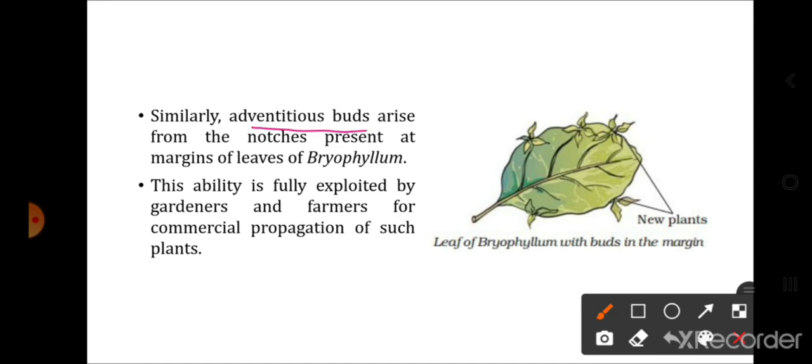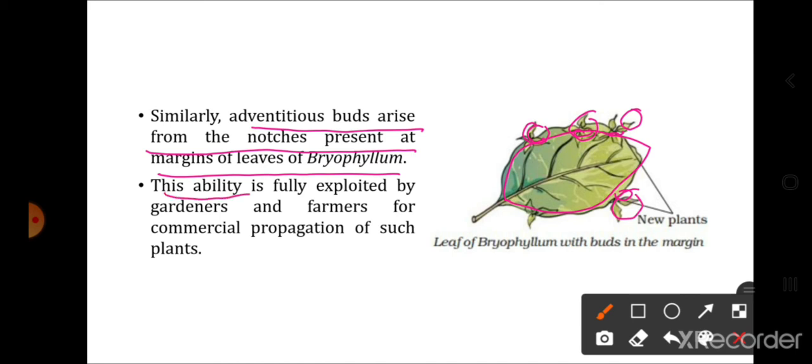Similarly, adventitious buds arise from the notches present at the margins of the leaves of bryophyllum, and these buds are capable of forming new plants of bryophyllum.